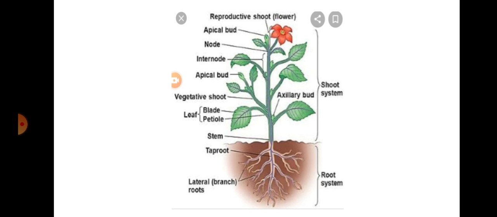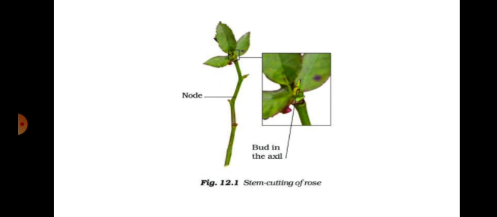In vegetative propagation, the first one is cuttings. For example, the rose plant. Plants such as rose, cactus and bougainvillea can be propagated through cuttings from their stem.